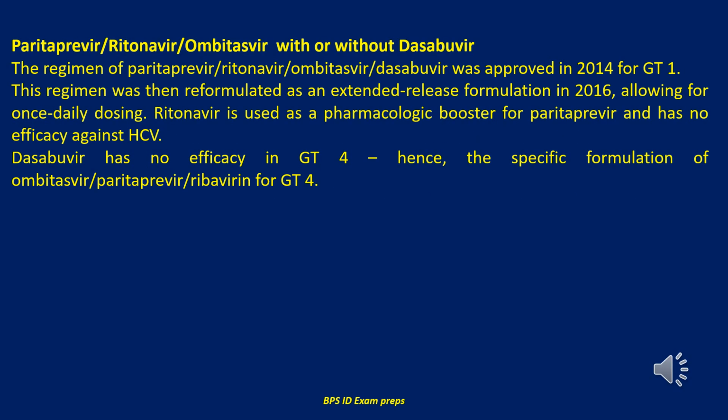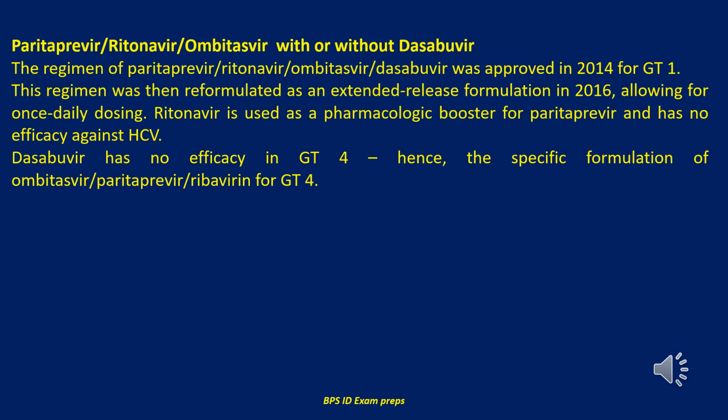Next we will discuss paritaprevir plus ritonavir plus ombitasvir with or without dasabuvir. The regimen of paritaprevir plus ritonavir plus ombitasvir plus dasabuvir was approved in 2014 for genotype 1. This regimen was then reformulated as an extended-release formulation in 2016, allowing for once-daily dosing.